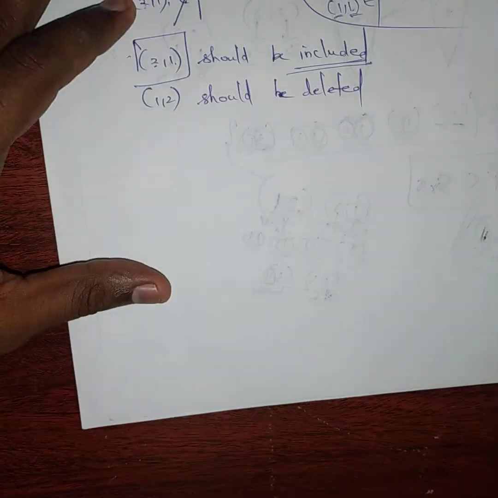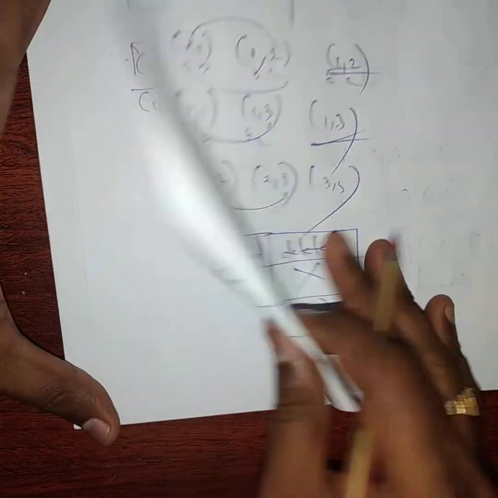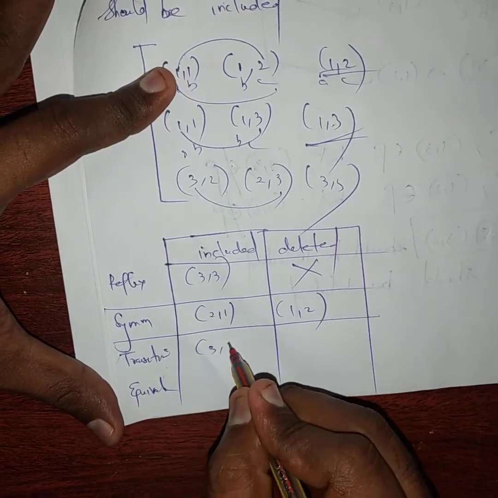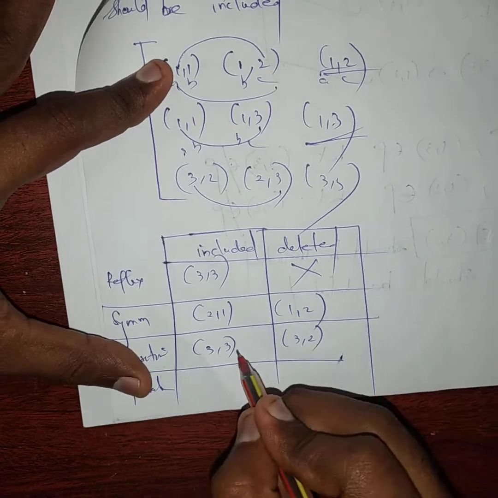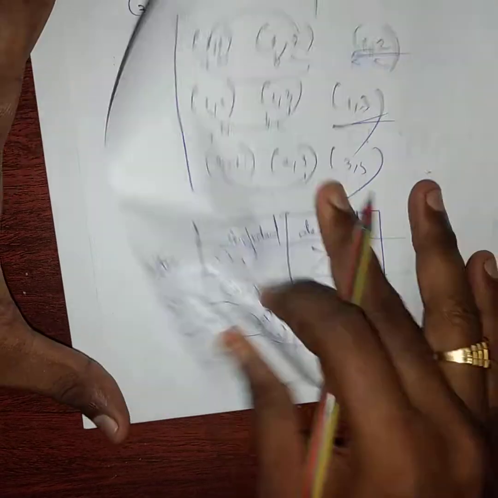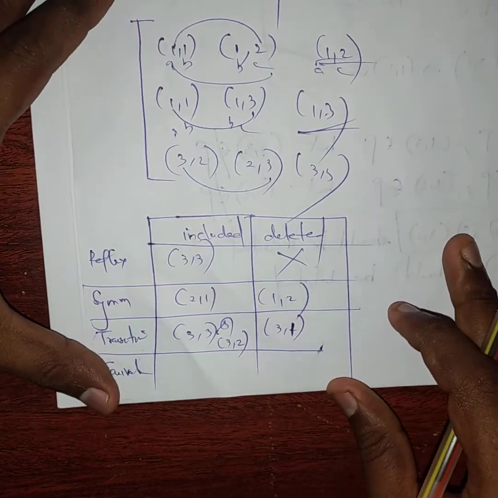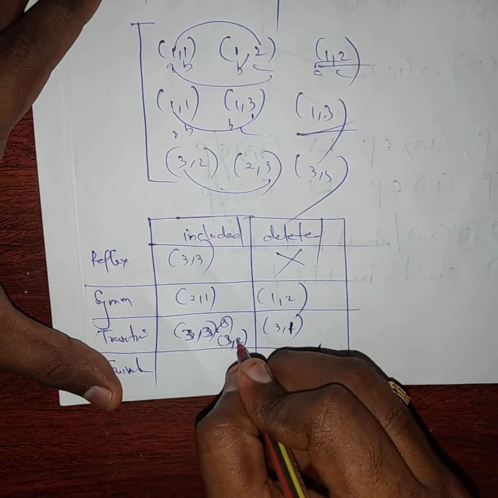What do we need to delete? We need to delete 1, 2. For transitive, what we added is 3, 3 and 3, 2. What do we need to delete? 3, 1 we need to delete.